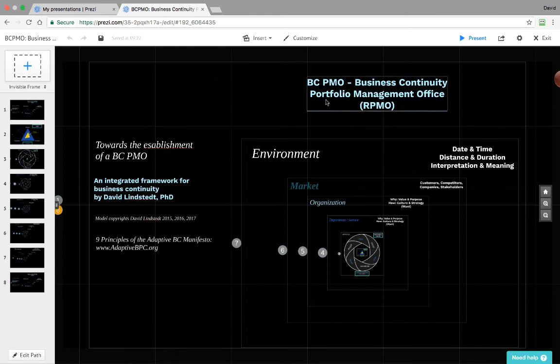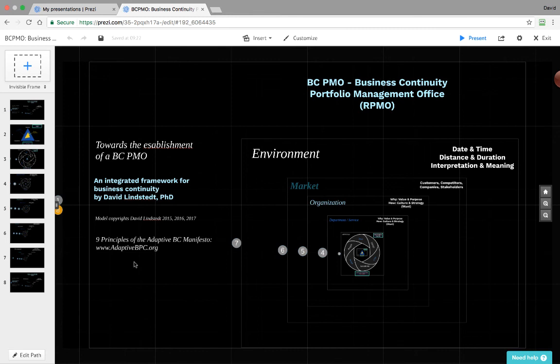We really are working on a portfolio of recoverability options and strategies and capabilities and constraints up and down the entire level of the model. The business continuity professional is going to have to move away from a traditional model into a more adaptive model for recoverability.